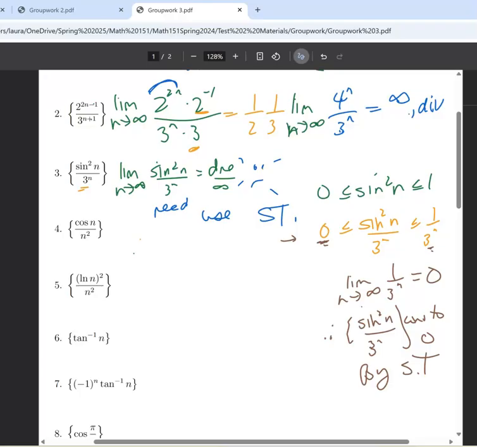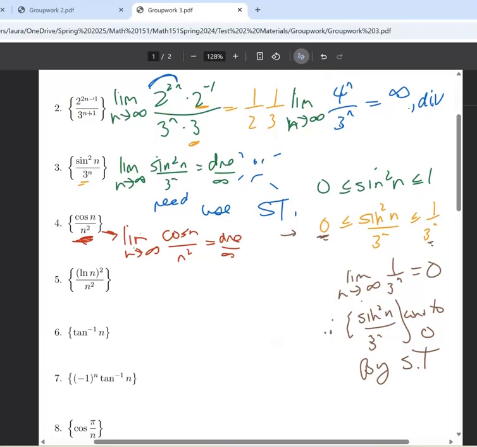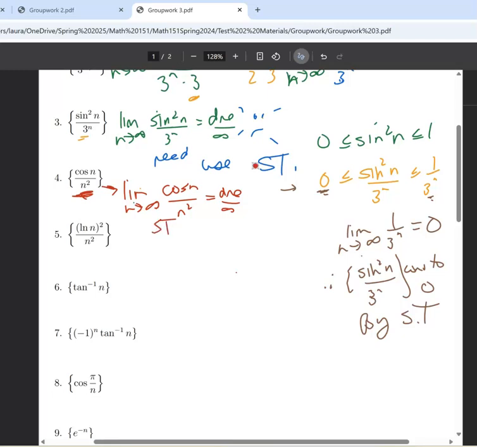So it's not every time that you see sine or cosine, because what happens over here? What if I take the limit as n goes to infinity? I get cosine of n over n squared. Oh, is that a DNE over infinity again? It is. So I still need to use squeeze theorem. So this time cosine is between 1 and negative 1. And then I divide through by the n squared.